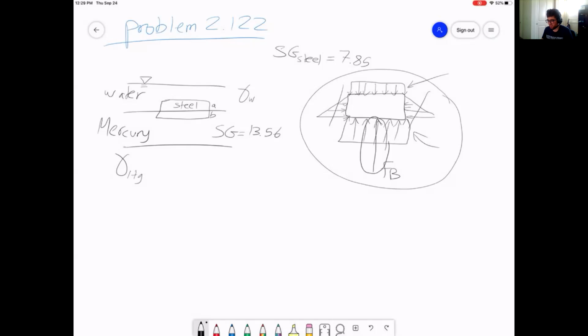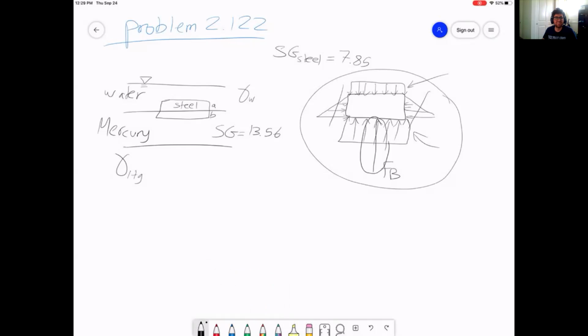So how would you approach this problem? What's the number one thing you should do when you see a buoyant force problem?